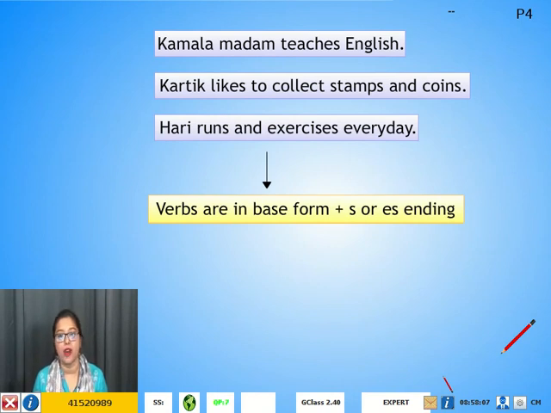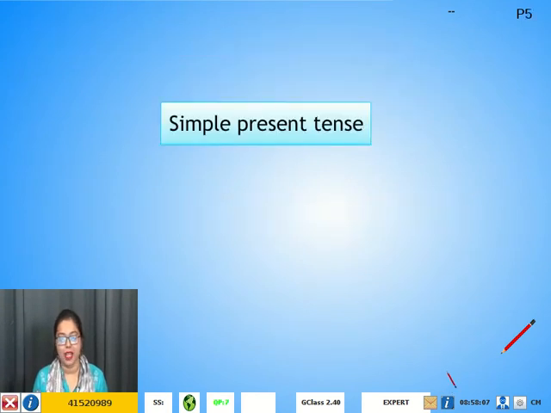Did you understand till here? Great. Now, as we were discussing, today's topic of discussion is simple present tense. Having looked at the previous sentences, I hope you have got the idea or a grasp of what simple present tense is.